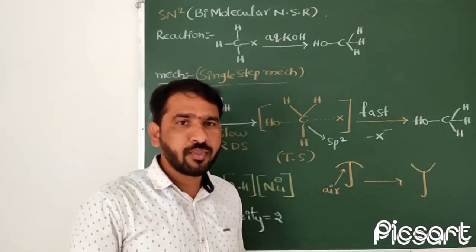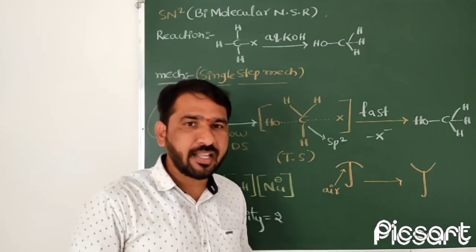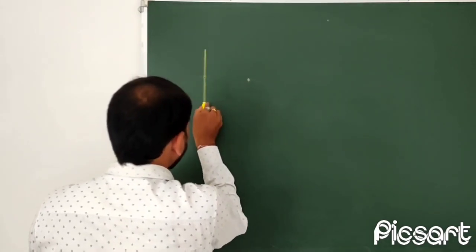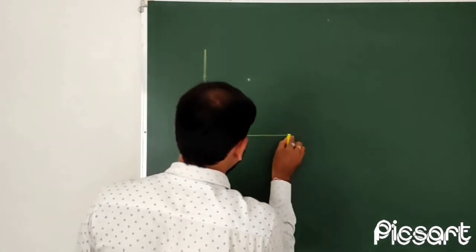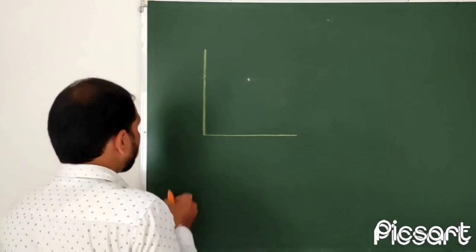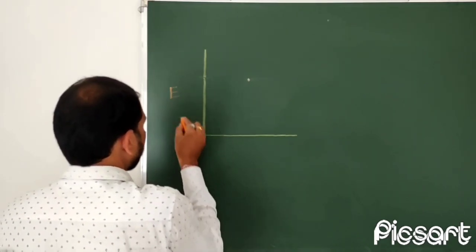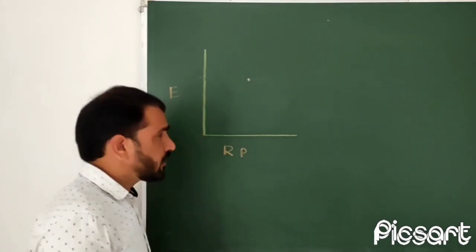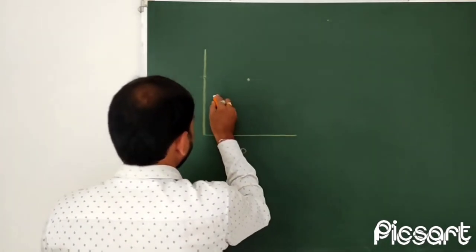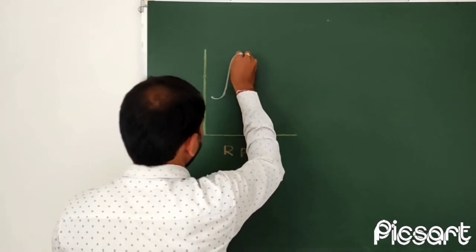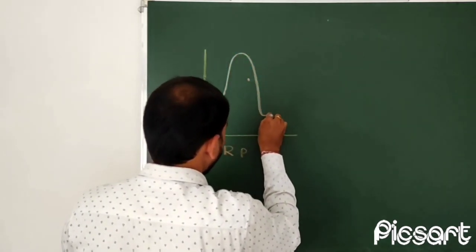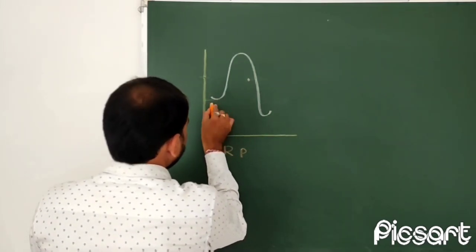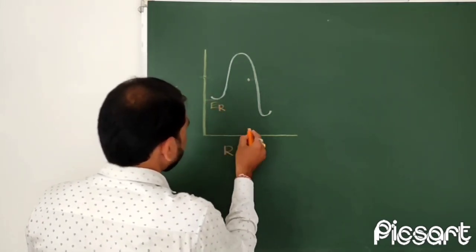Then coming to the thermodynamic and chemical kinetic explanation of the SN2 reaction. By taking a graph like SN1, here on the y-axis energy was taken, on the x-axis reaction profile was taken. So by this we get one curve like this. This energy is called the reactant energy.